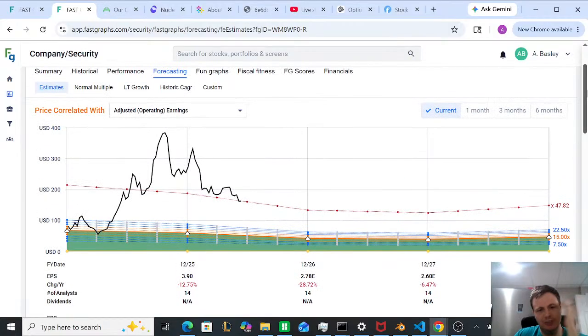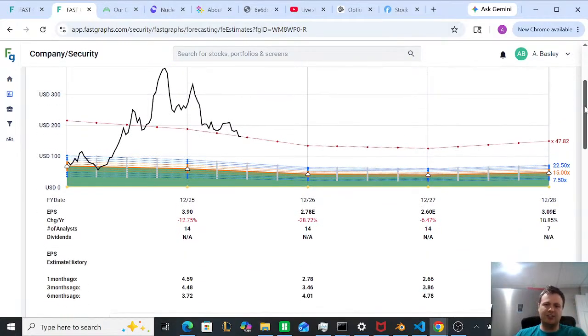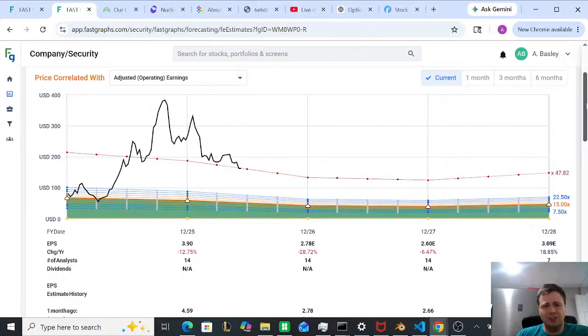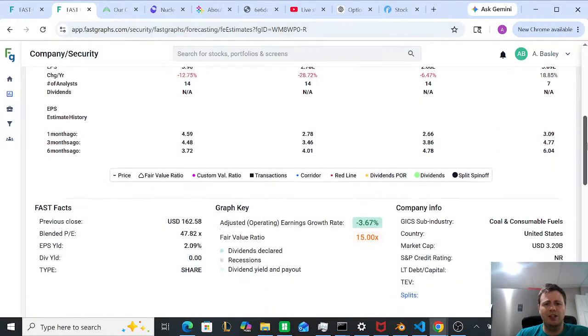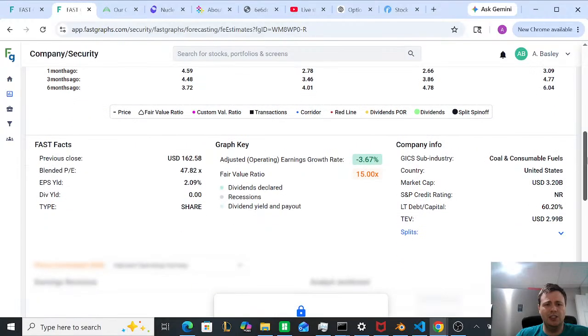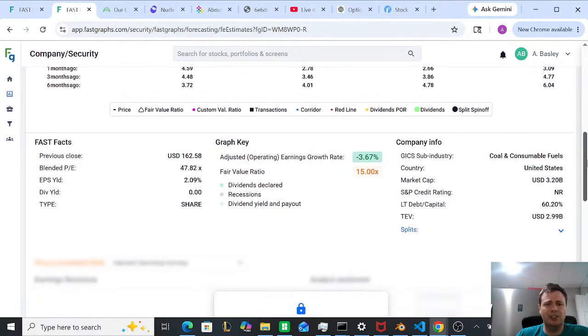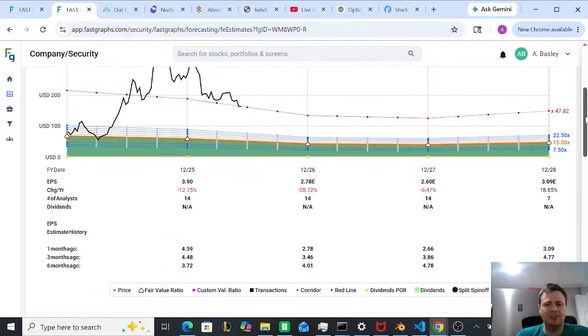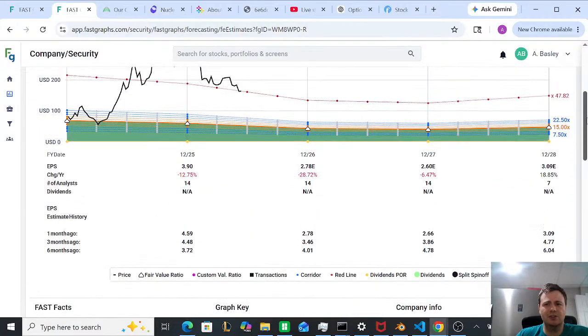So what this company does is they have contracts right now to make the centrifuges for enriching uranium to make nuclear fuel. So, yeah, you're basically hoping that they get massive contracts and massive sales going forward. You're hoping for this 2028 number.